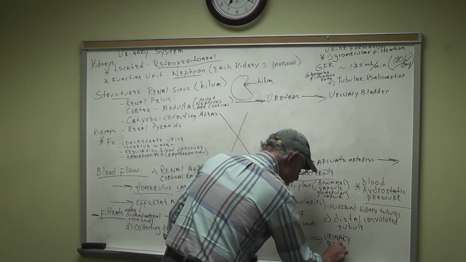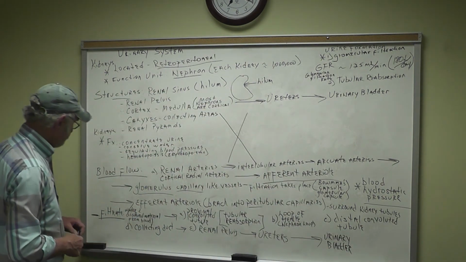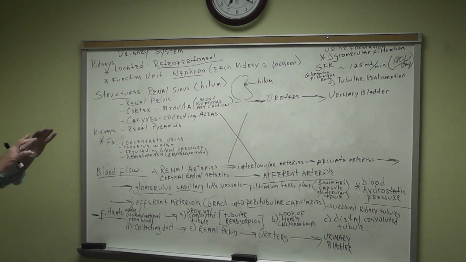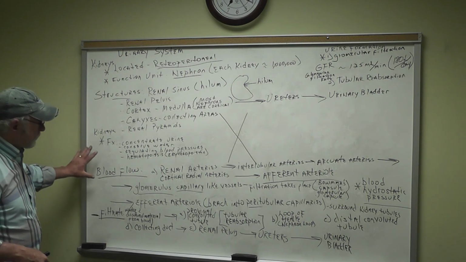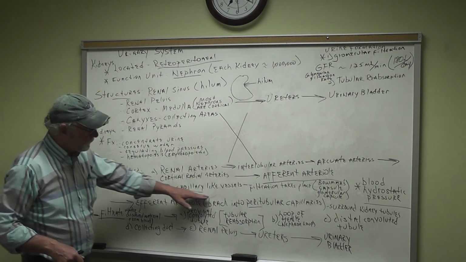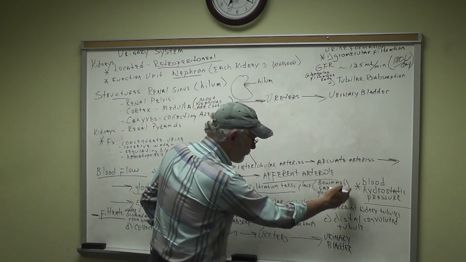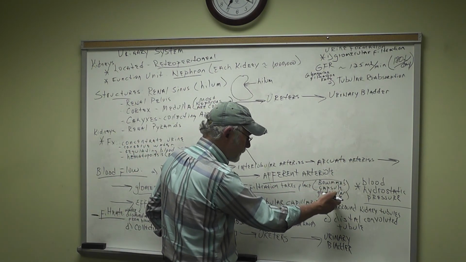But a third process that I haven't mentioned yet, we will kind of recap this. So the blood has gone into the afferent arteriole. The filtration takes place. That water and dissolved substance enters into Bowman's capsule.